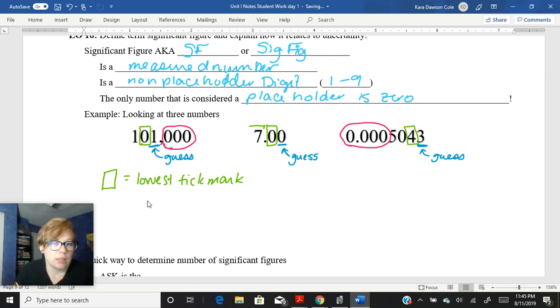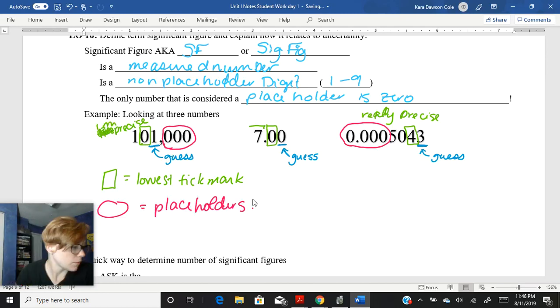So then, again, what this is showing me is the precision of the instrument. So this guy is really, really precise. And then this guy is very unprecise, I should say. I am precise when compared to the other numbers. Again, even this guesstimated digit is a sig fig.